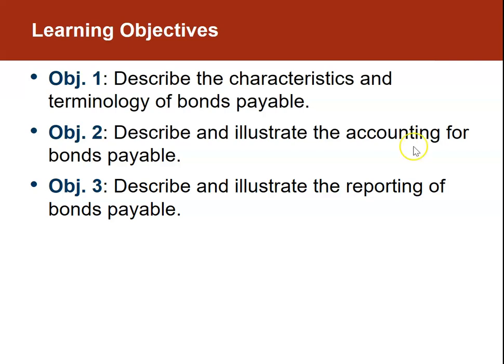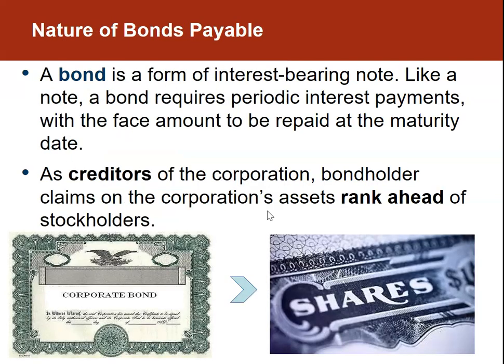We'll get into that. And then finally, when we think about the financial statement presentation, specifically the balance sheet, how do we go about doing that? Because we're going to find out in limited detail that it's not completely straightforward, but I do think that it will be simple enough that you can grasp it.